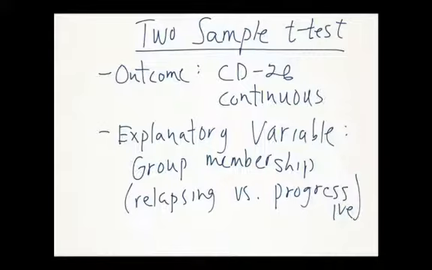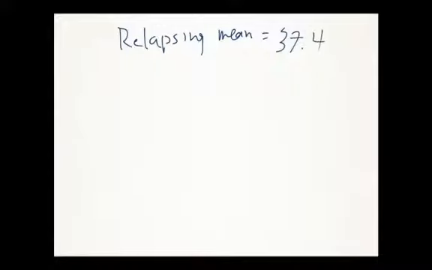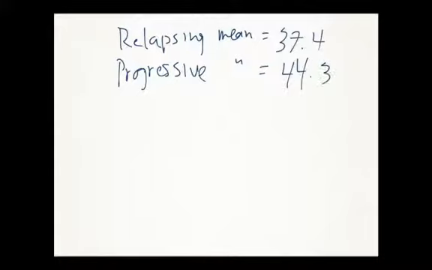Then we would measure the mean that we got in each group. So I'm just going to clear this. And suppose the mean in the relapsing patients, the relapsing mean, is equal to 37.4. And suppose the progressive mean is equal to 44.3.